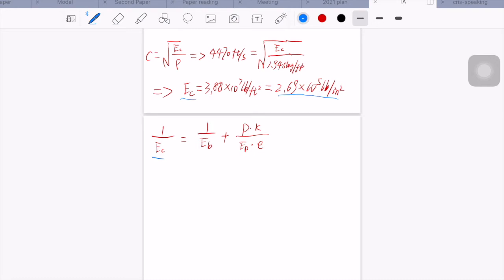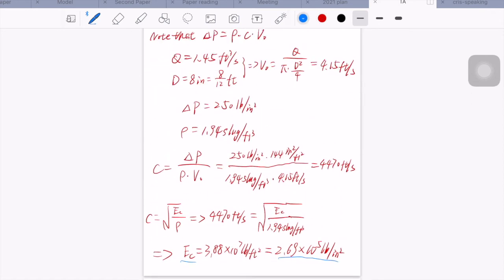However, in British units, the EB should equal 3.2 times 10 to the power of 5 pounds per square inch. You can find this value on page 9 in the textbook.